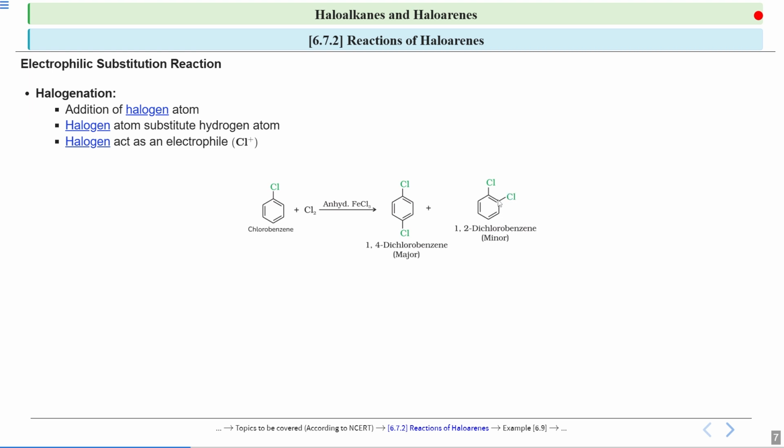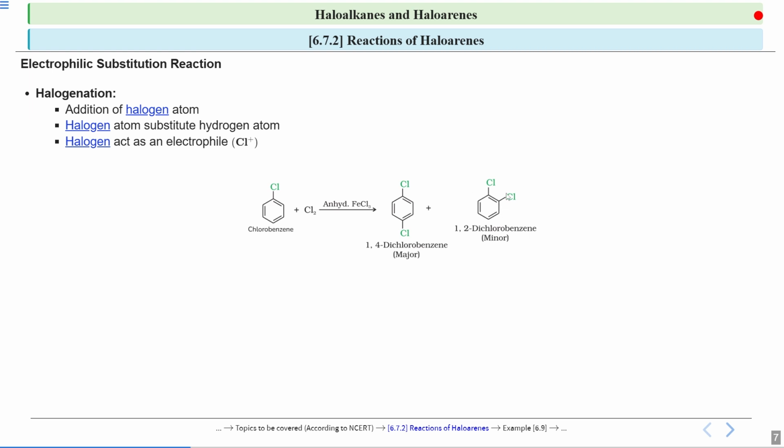the ortho position. So due to the presence of symmetry in the para substituted haloarene, this 1,4-dichlorobenzene, where the chlorine electrophile attacks the benzene at the para position, will be the major product. And the ortho product you are getting in the mixture is 1,2-dichlorobenzene.